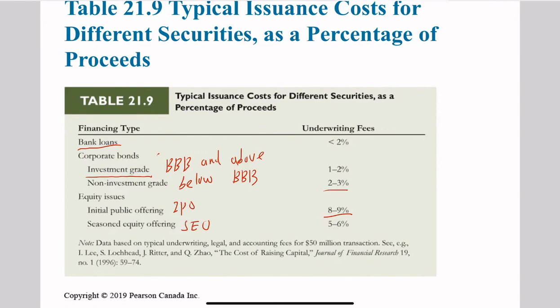This is called a seasoned equity offering, and the cost is about 5 to 6%. Anyway, what you can see here is that it's actually pretty expensive, especially for equity. It will reduce your investment return by 8 to 9% if you're doing an IPO. And if you're doing an SEO, then the return of your investment will be reduced by this 5 to 6% in underwriting fees.